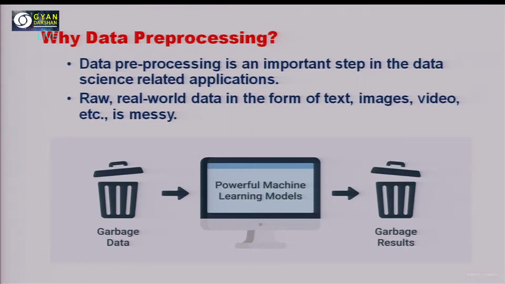And believe me, it takes almost more than 60% of your total time. That means if you have quality data, you can always get quality results. Because real world data is very noisy and messy, and is not in the required format, all of it has to be put in the format which we actually need. And as you can see in the diagram, garbage data processed through different machine learning models is always going to give you garbage results.